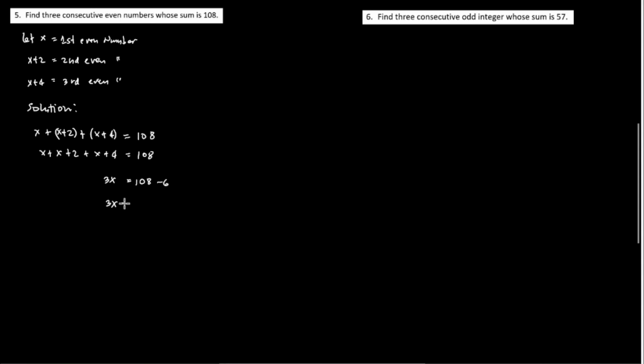So 3x is equal to 108 minus 6, or 102. Divide everything by 3, and x is 102 over 3, which is equal to 34. This is the first even number.